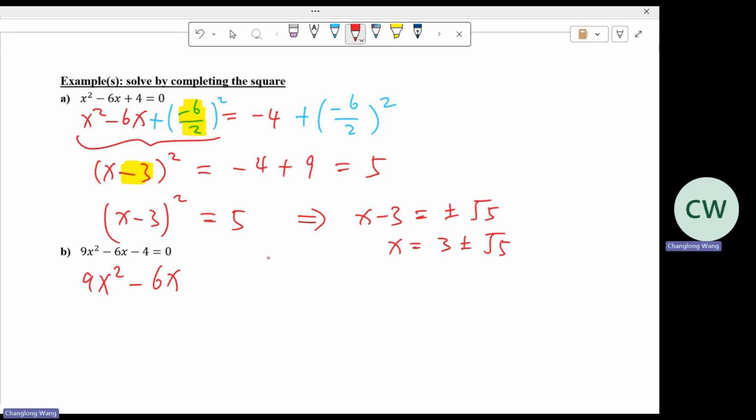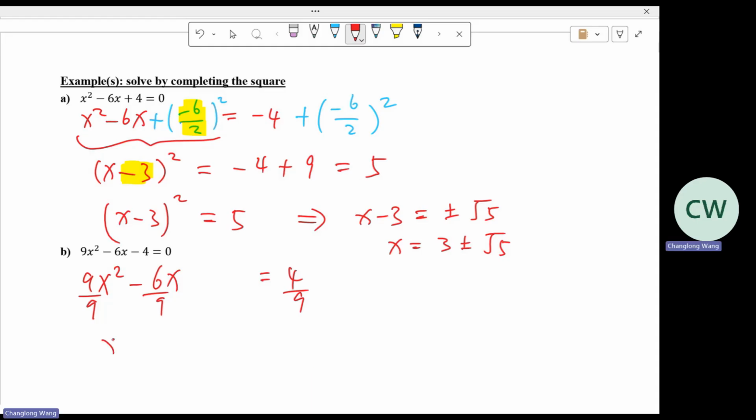And I'll take that 4 to the right-hand side, so it becomes negative 4, so positive 4. Well, thanks to the fact that we have an equation. If you see that the coefficient is 1, that will work out perfectly. You have a way to get rid of that coefficient just by dividing it out across the board.